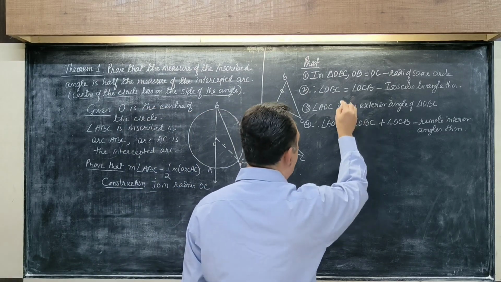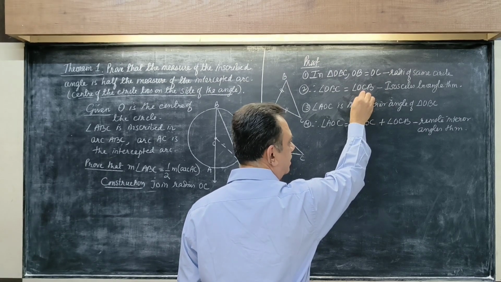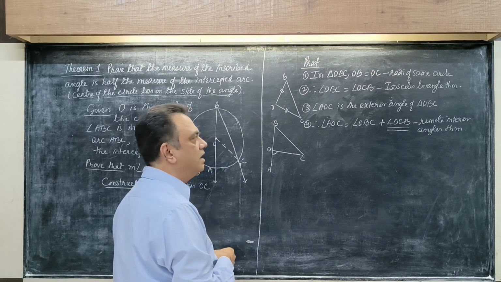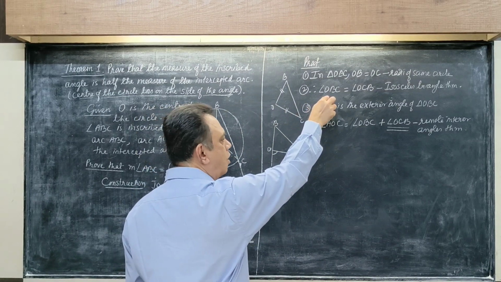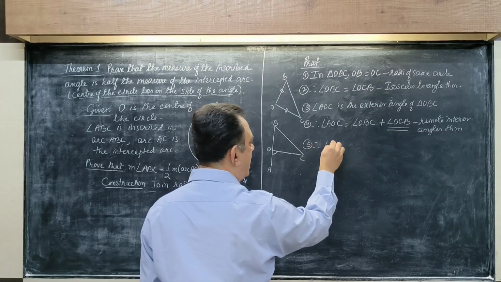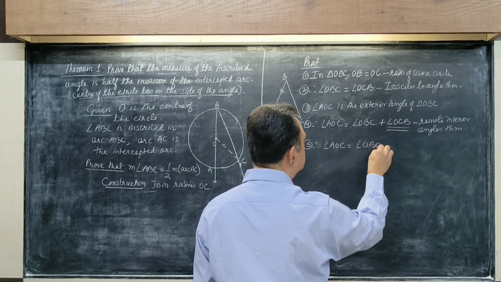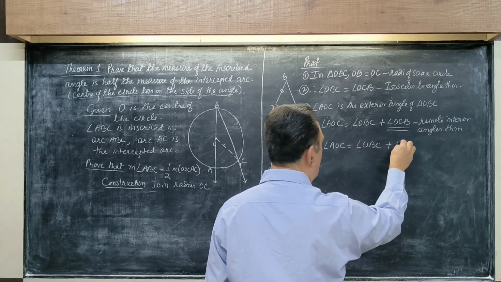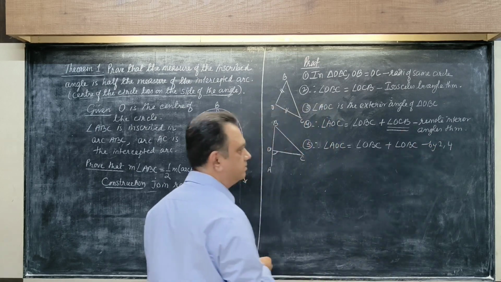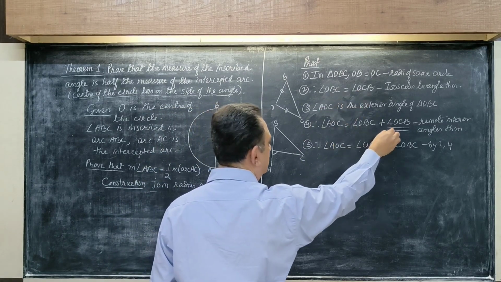Now if you see, angle OBC and angle OCB are equal. So for this angle OCB, I can write angle OBC by the second step. Therefore, angle AOC is equal to angle OBC plus angle OBC by second step and fourth step. I've used the second step and substituted in the fourth step.